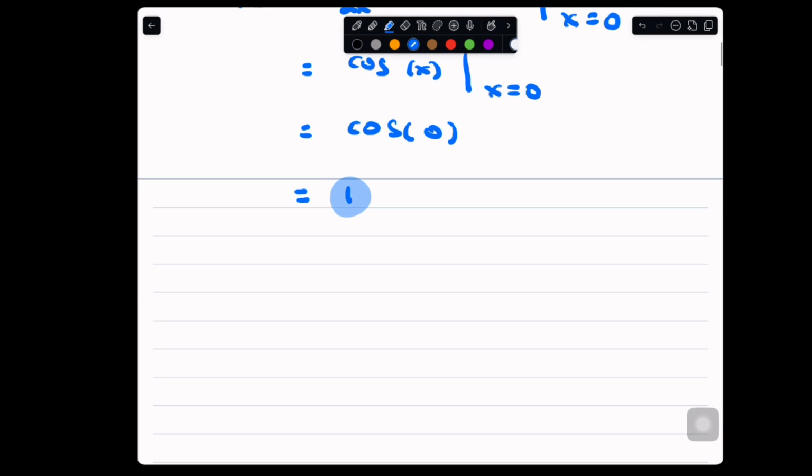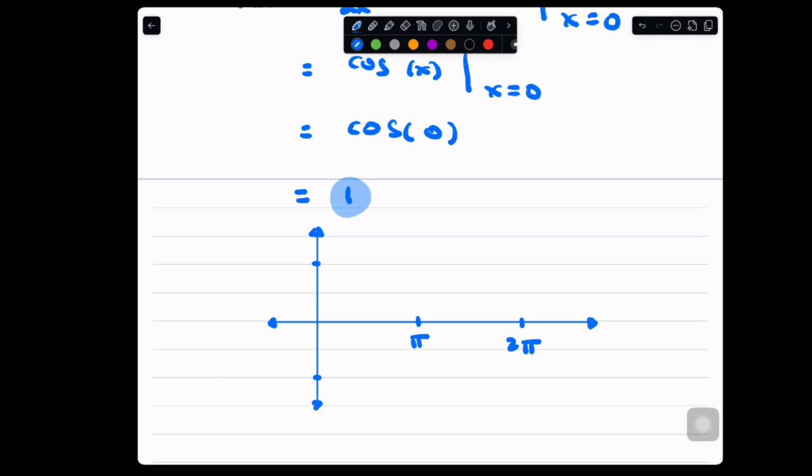Now, you might say, I don't know anything about cosine. Well, ladies and gentlemen, you want to remember the cosine curve. These things show up a lot in STEM courses. So I remember when I was a student, there are various ways that you guys can remember this, like the unit circle. But some people go straight to the what?